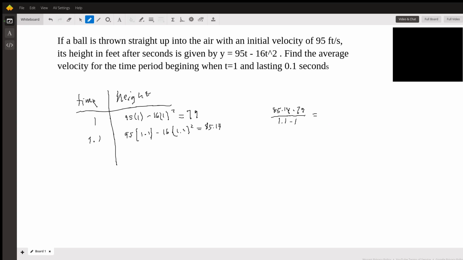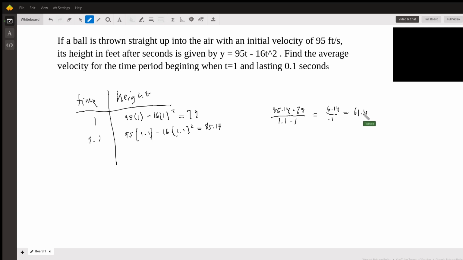Okay, go back to the calculator. 85.14 minus 79 is going to give me 6.14 over 0.1, and that's 61.4.